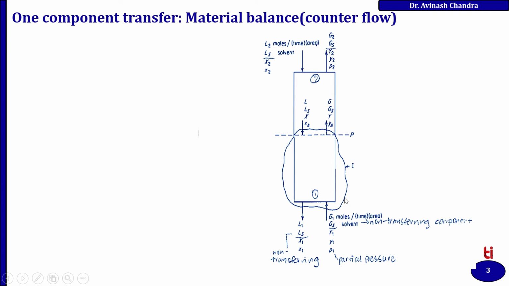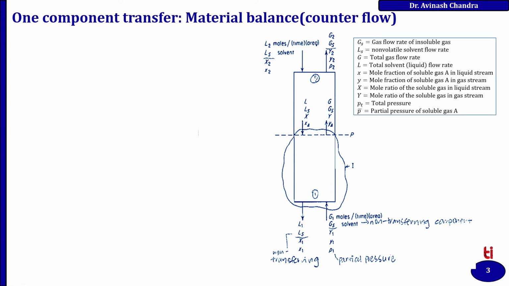So this is position 1, this is position 2, this is some intermediate position, and the variables are defined as Gs, the gas flow rate of insoluble gas, Ls, the non-volatile solvent flow rate, capital G is total gas flow rate, capital L is the solvent liquid flow rate, small x and small y the mole fraction of solute gas A in liquid as well as the gas stream respectively.